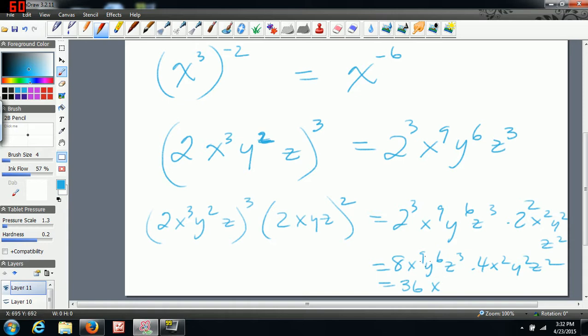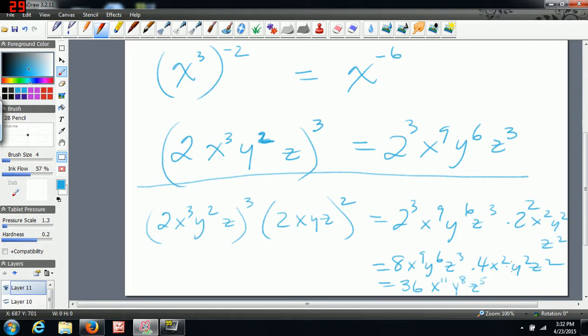So that becomes 11, and then y to the 6 times y to the 2 is y to the 8, and then z to the 3 times z to the 2 is z to the 5. So you're adding the exponents when you have the two bases there in the question. So this is a good one here.